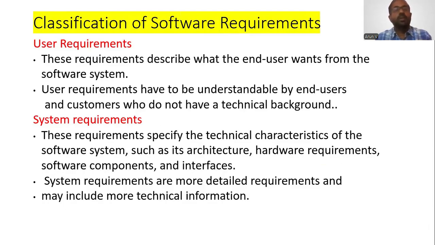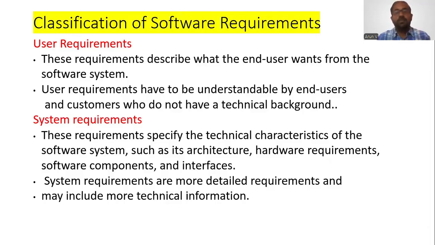Now we'll see about classification of software requirements. First one, user requirement. This requirement describes what the end user wants from the software system. User requirements have to be understood by the end user and the customer who do not have technical backgrounds. Second one, system requirement.